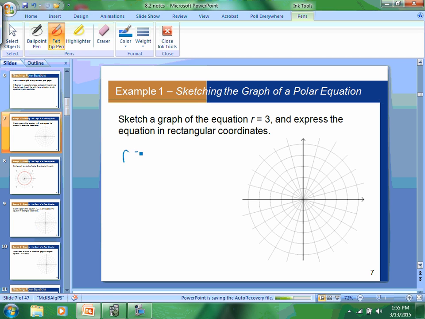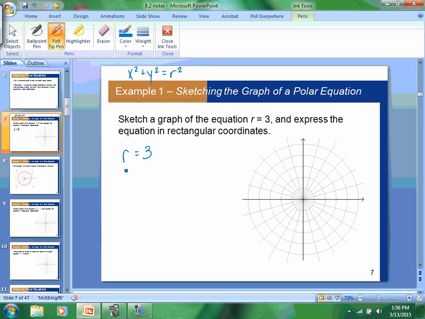So we have r equals 3, and remember, I would have to have a sine or a cosine, or I'd have to have an r squared, because those are the 3 formulas we've been using to convert back and forth between polar and rectangular. If I could get an r squared in there, I could substitute x squared plus y squared for the r squared.